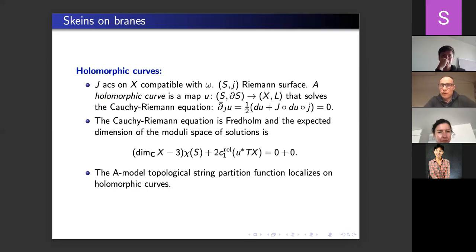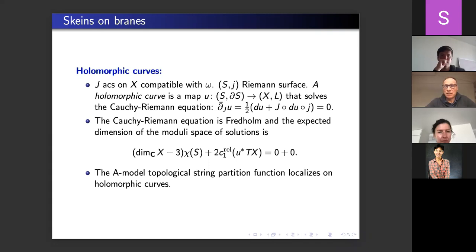The holomorphic curves are solutions to the Cauchy-Riemann equation, meaning we have a Riemann surface, a topological surface with a complex structure J on it, and we look for maps into the Calabi-Yau with boundary on our Lagrangian, such that the d bar operator on this map is equal to 0, meaning that the tangent space to the curve is everywhere J complex linear.